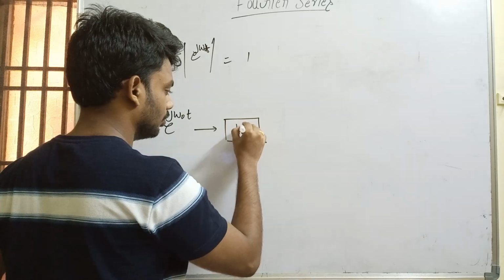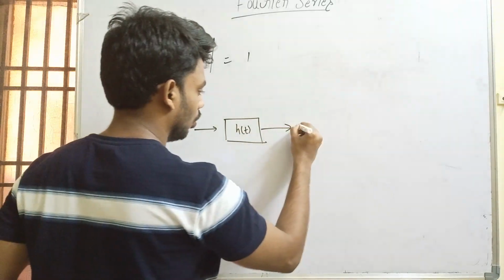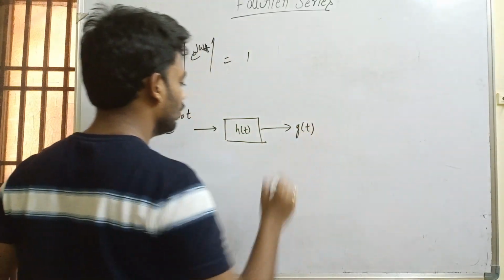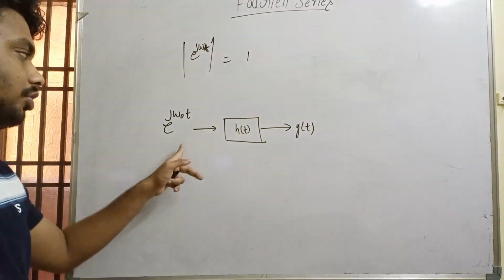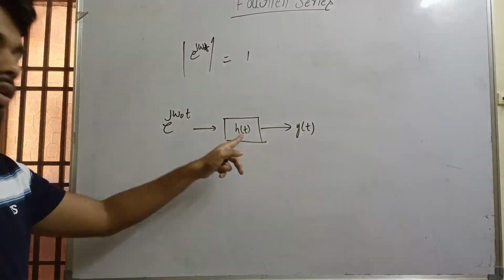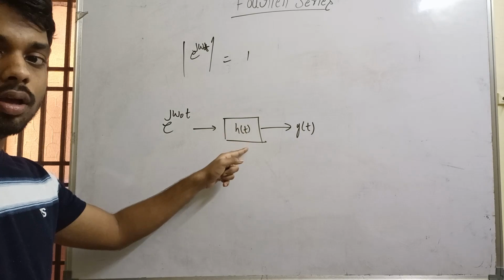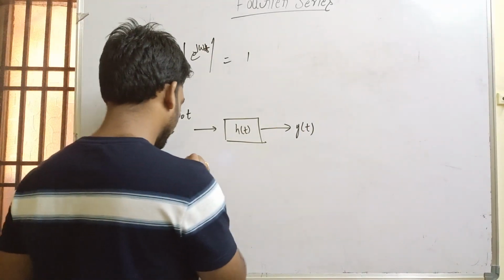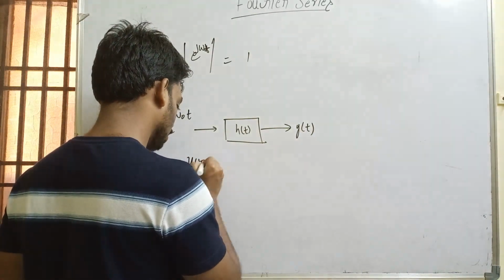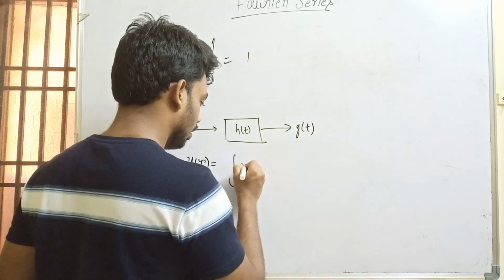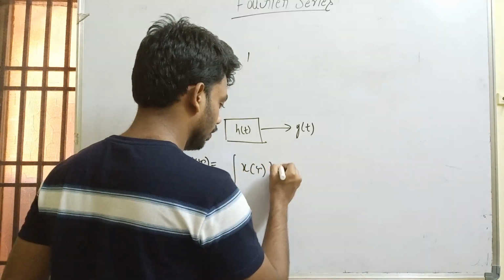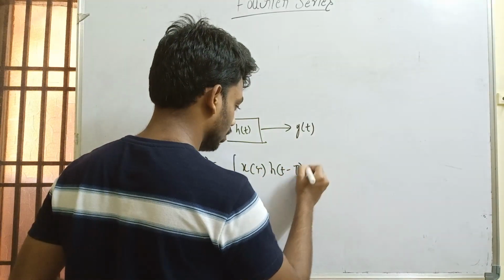Take some system with impulse response h of t and output y of t. How do we relate the output with the input and the impulse response of the system? By the convolution integral, right? y of t equals the integral of x of tau h of t minus tau d tau.